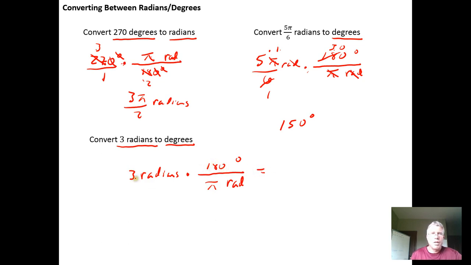We get 3 times 100 is 300, 3 times 80 is 240, so we get 540 degrees over pi. The radians have canceled. This answers in degrees, and we could approximate it with our calculators by dividing 540 by pi, which is about 172 degrees.